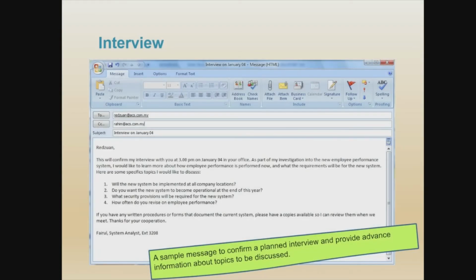So example here, an email to the interviewee, okay, a sample message to confirm a planned interview and provide advance information about the topic to be discussed. Okay.